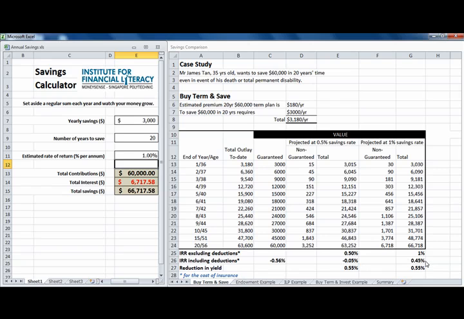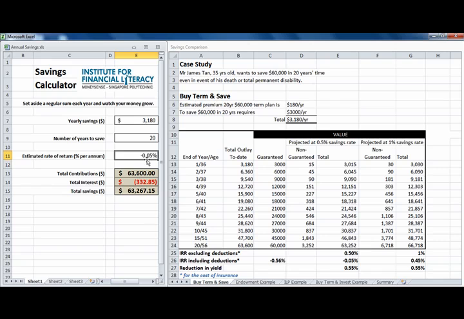We can demonstrate this using the savings calculator. Based on $3,180 of outlay a year for 20 years and a return of minus 0.05%, you'll find that the yield is $63,267, which is very close to the yield that you see here, given that there is a rounding, that minus 0.05% is a rounded figure.